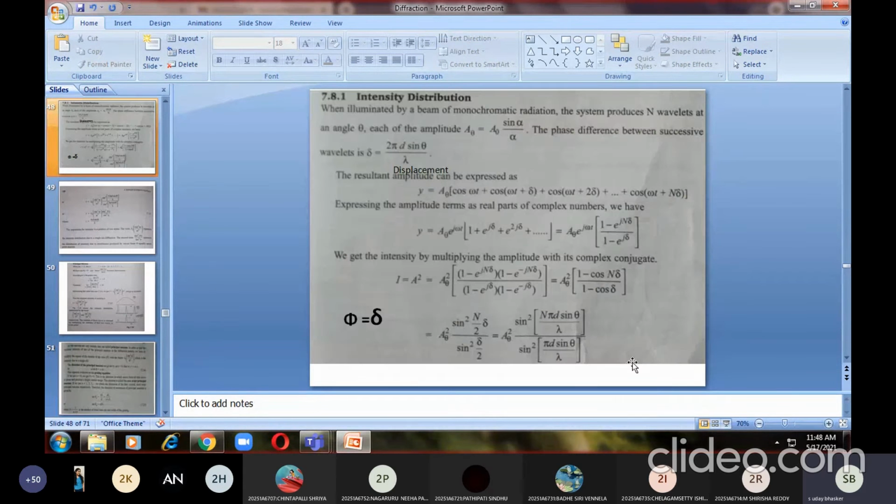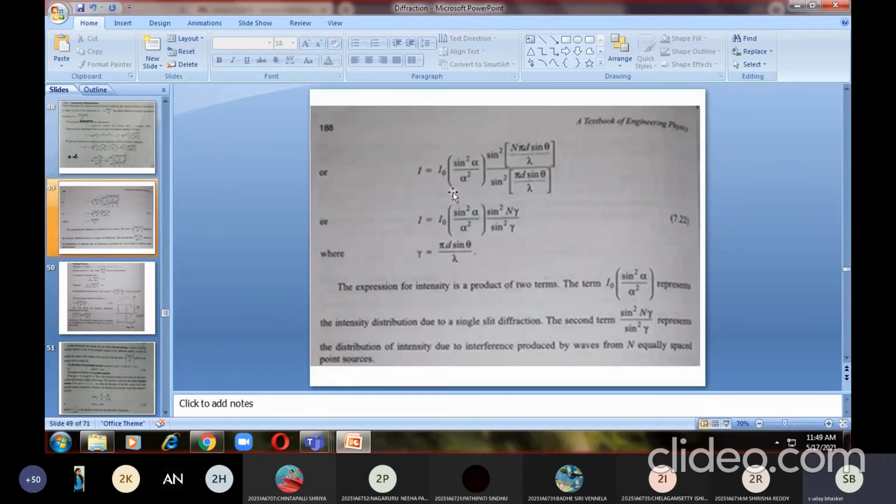This a naught we have already seen. A naught is a naught sine alpha by alpha. So in place of a naught square, this is your I naught sine square alpha by alpha square, and this is your sine square n gamma by sine square gamma.